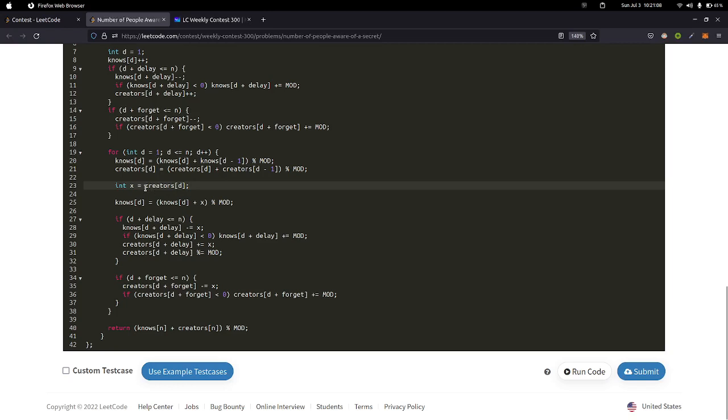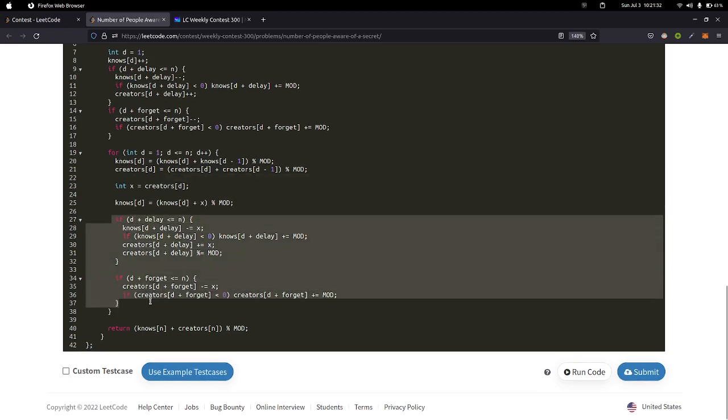So everyone will share the message to one more person, and totally X new persons will be created. So the total number of persons who get to know about the message for the first time will be the ones who already know at this current date plus X. Of course you have to take modulo everywhere.